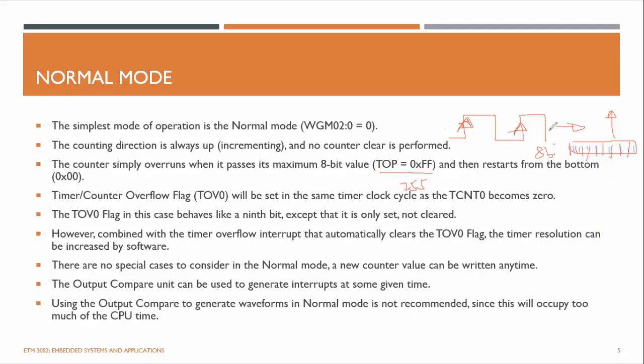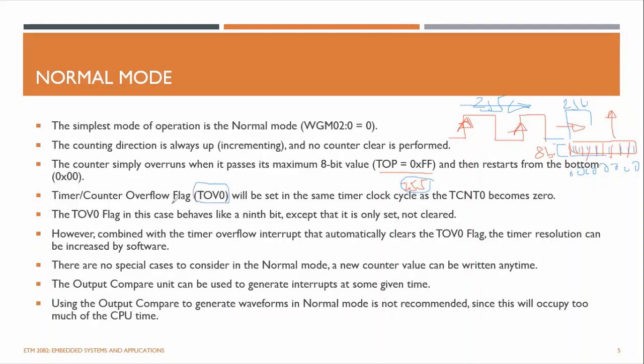In the next pulse, the 256th, there's no space in this 8-bit register. There's no 9th bit. So what the timer can do is just reset, starting again from 0. We call this an overflow. The timer has now overflowed.